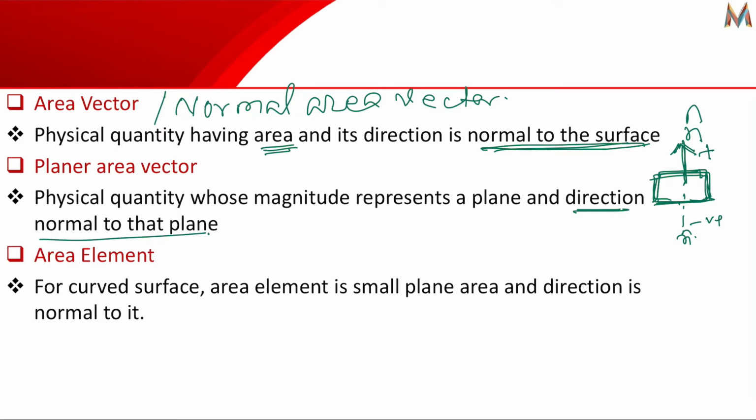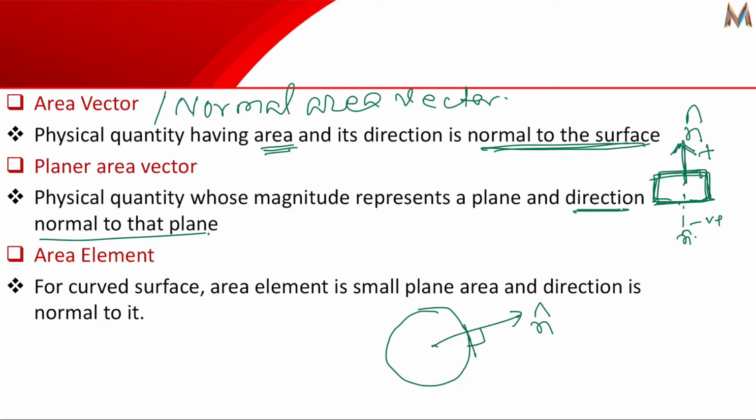Okay. Now, the curved surface. For a curved surface, the perpendicular to the tangent will make the direction of the area vector, or we can call it n cap.